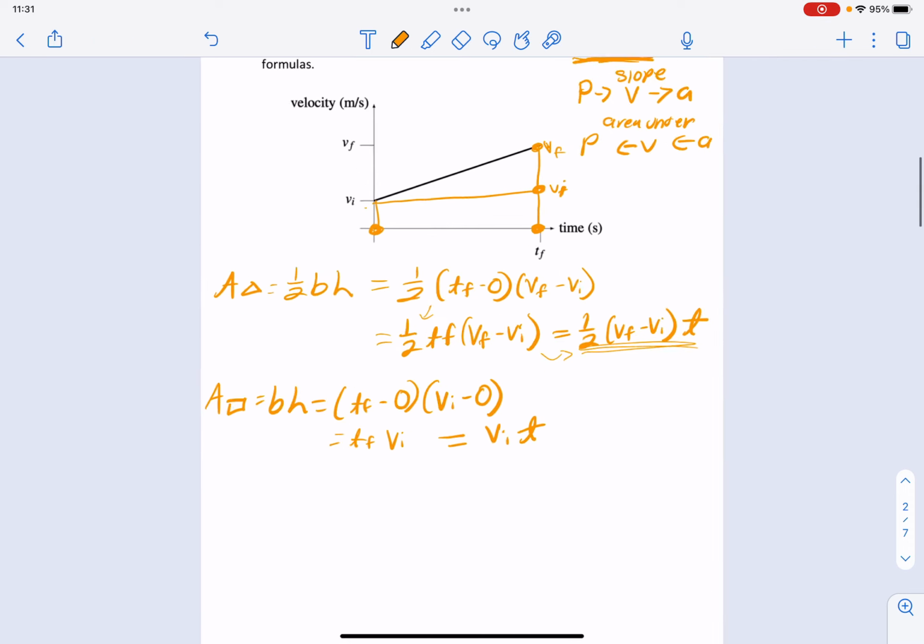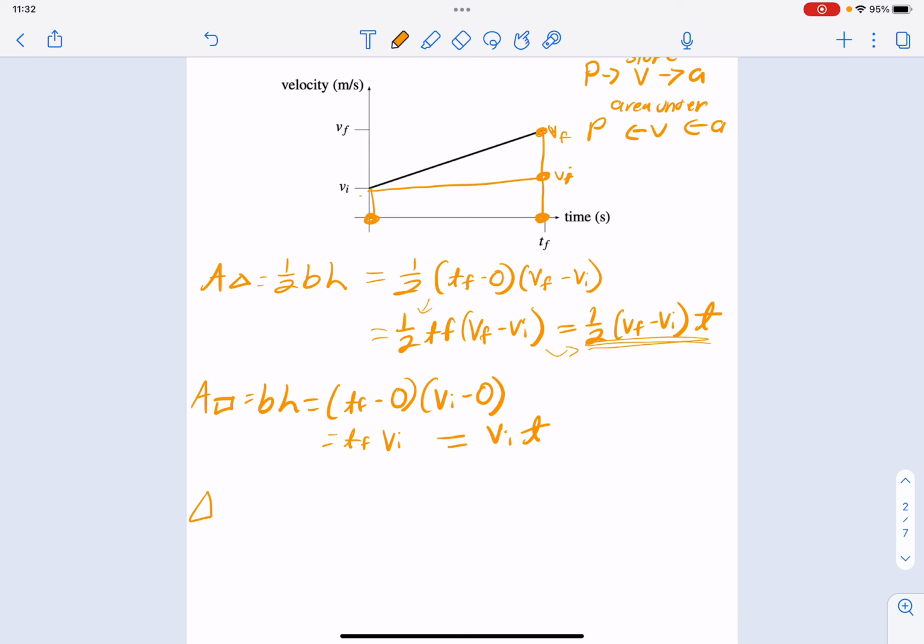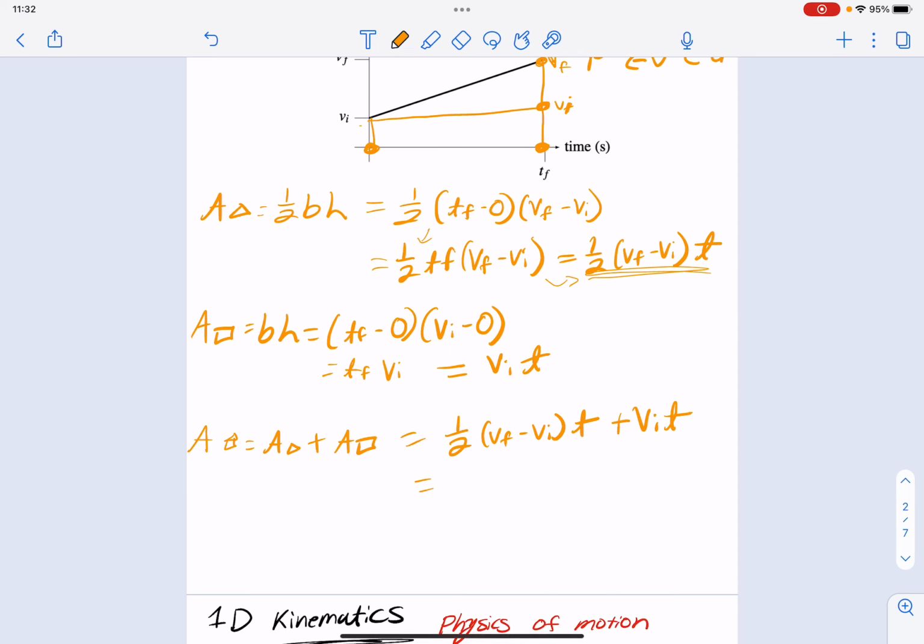Now, if we put them together, the area of the whole shape is going to be the area of the triangle plus the area of the rectangle, and I'm going to end up with half v final minus v initial times time plus v initial t. Now, out of my own personal preference, because that's how you're going to find it mostly online, I'm going to flip these.